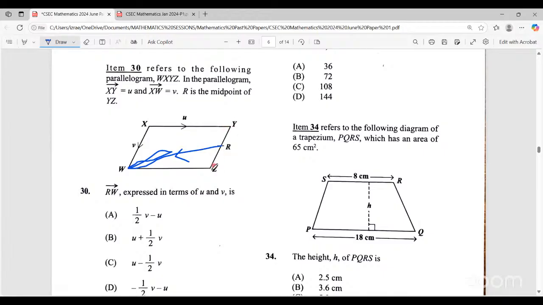RZ is half of YZ, that's half of V. Add ZW, which would be what? Minus U, because ZW is going this way, which is opposite to U, so it'd be minus U. So really I have half V minus U, which would be what? That would be A, okay? That's A.